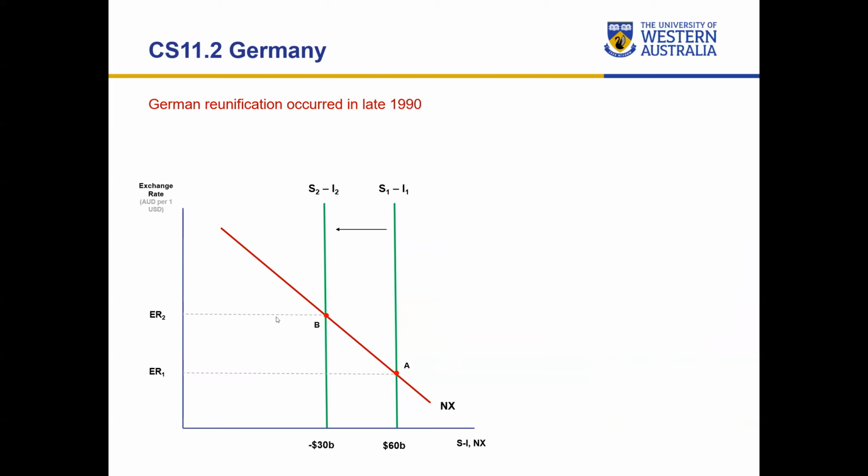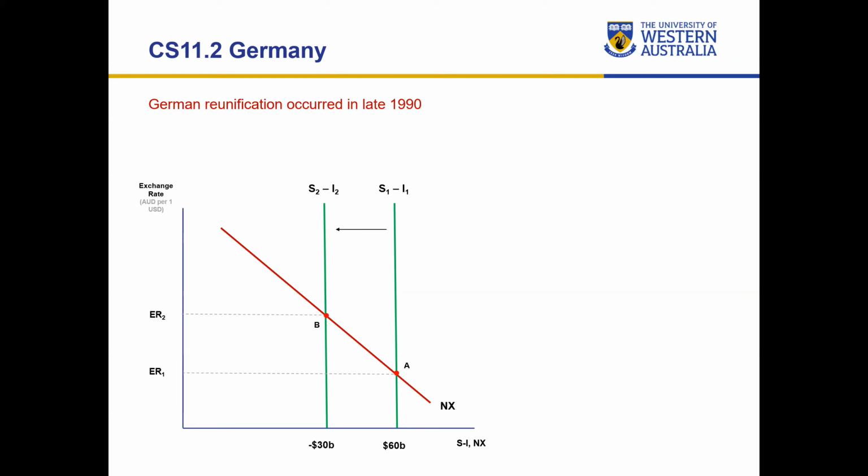You're going to get an appreciation of the exchange rate, and you're going to get a big drop in net exports from a current account surplus of, say, 60 billion to a current account deficit of 30 billion. Now remember, what happens in this model is when this vertical line, the S minus I line, shifts to the left, what drives net exports and the current account balance into deficit is a big appreciation of the exchange rate.